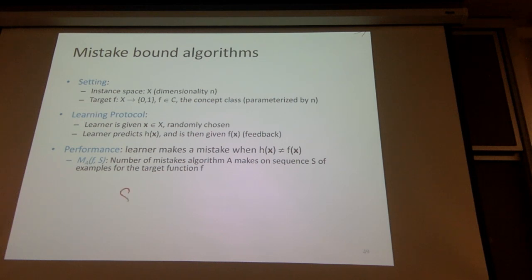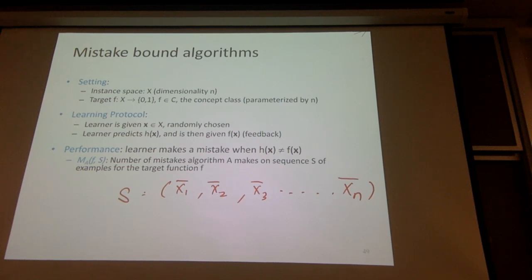S could be something like x1, the first example that was shown, and then x2, x3, and so on; these are all vectors. Let's say we have a sequence of n examples. The learner gets to see a sequence of n examples, and the true function is f, always.